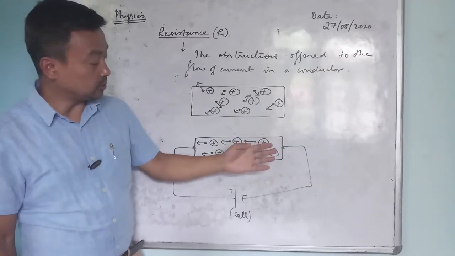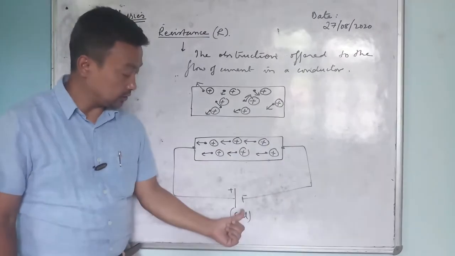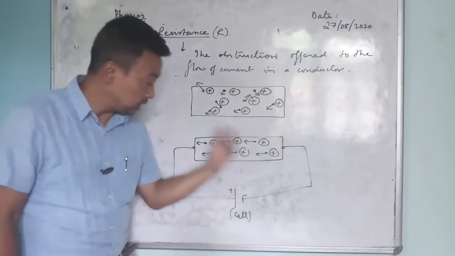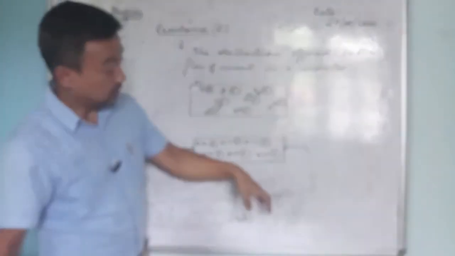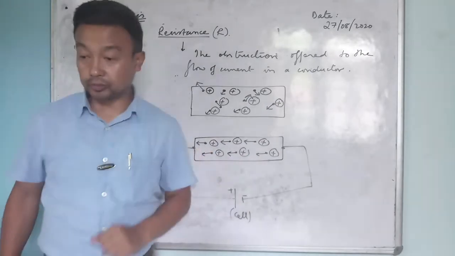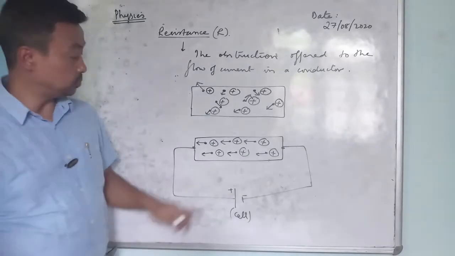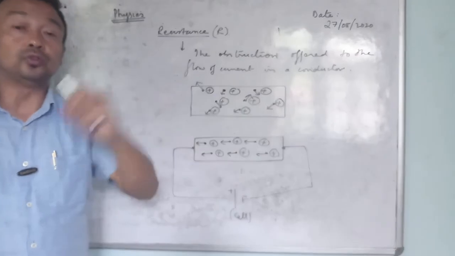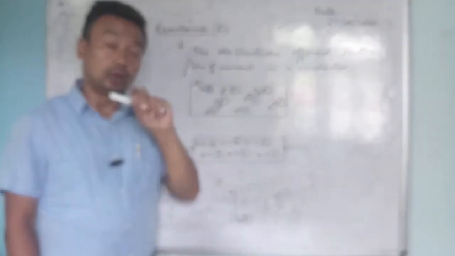Then again the speed increases, again they collide, again the energy is lost, and again the wire gets heated. This process continues as long as it is connected, so there is a continuous flow of current taking place.